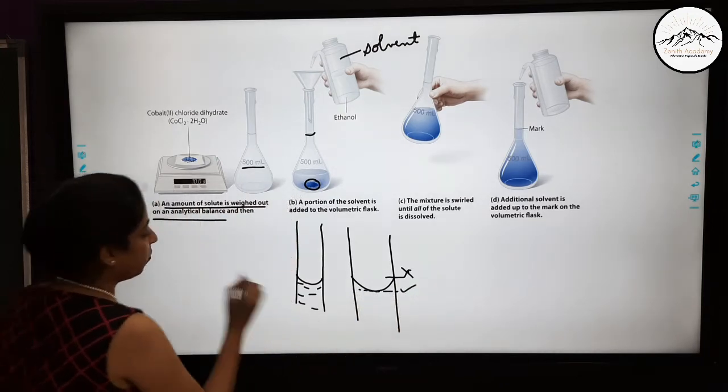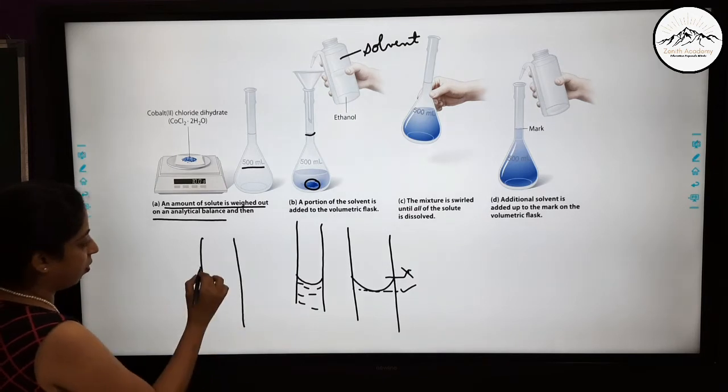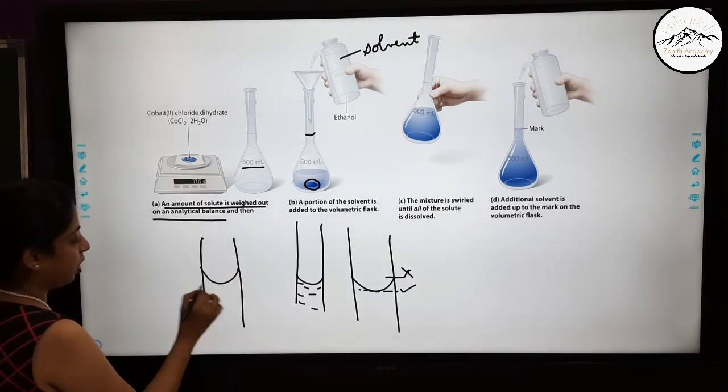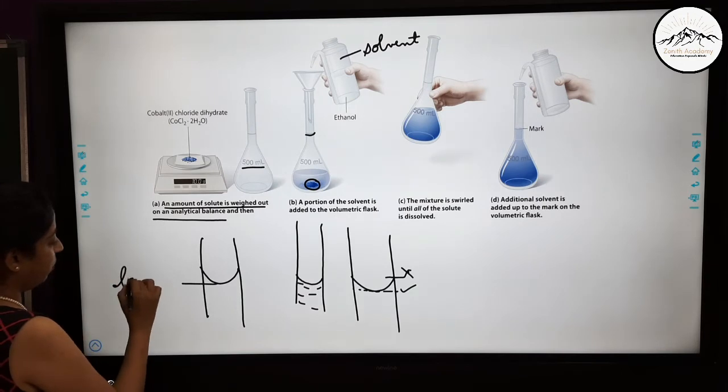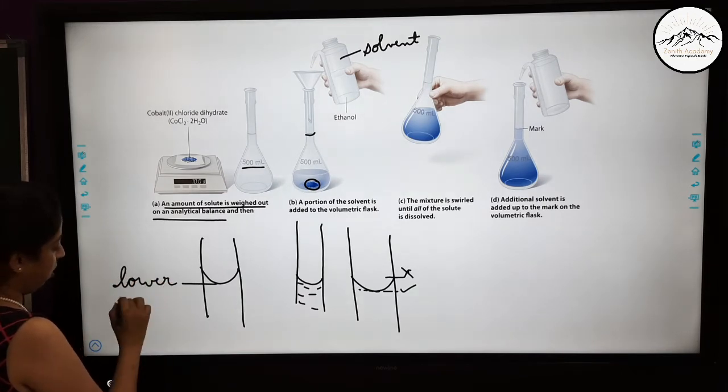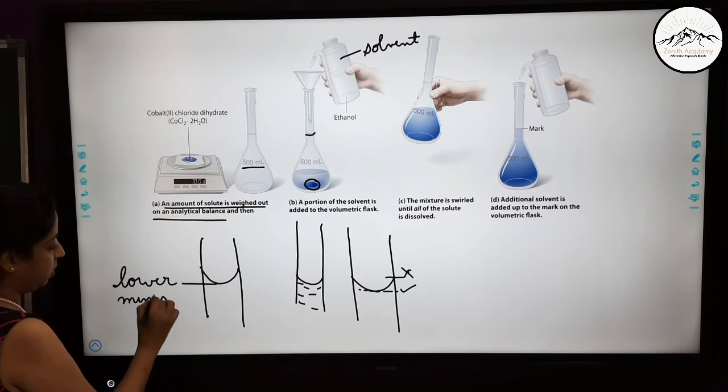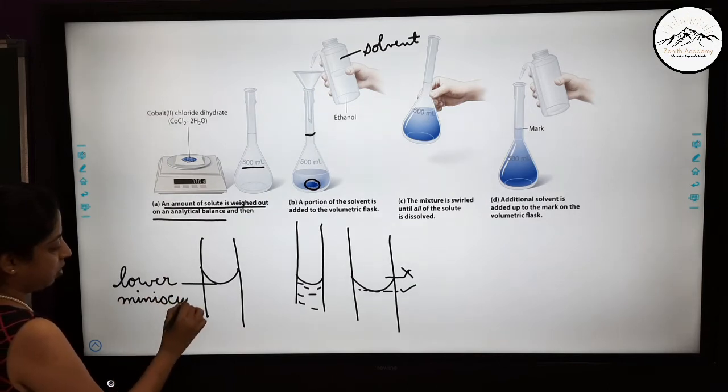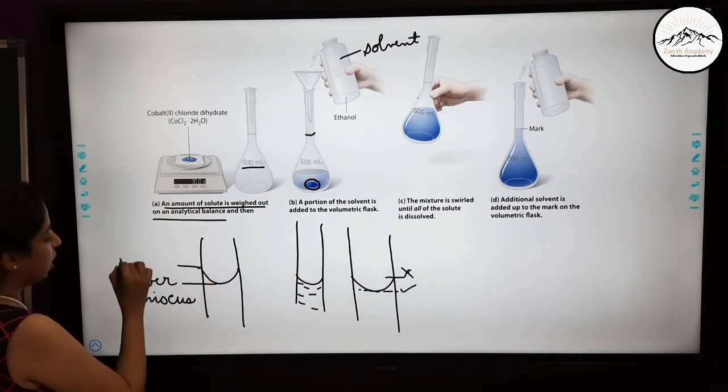If this is the curve, this is known as the lower meniscus, and this is known as the upper meniscus.